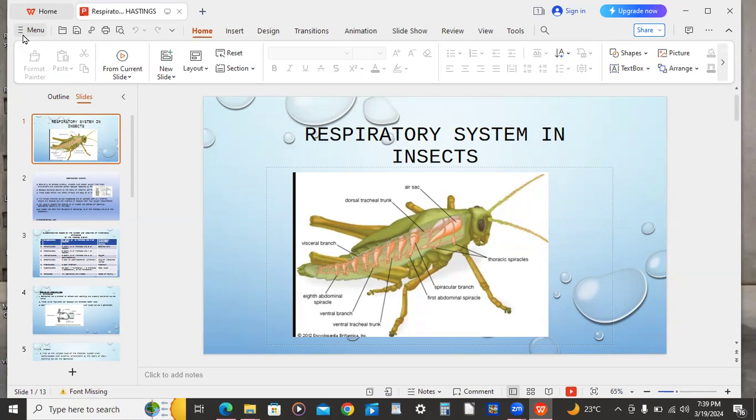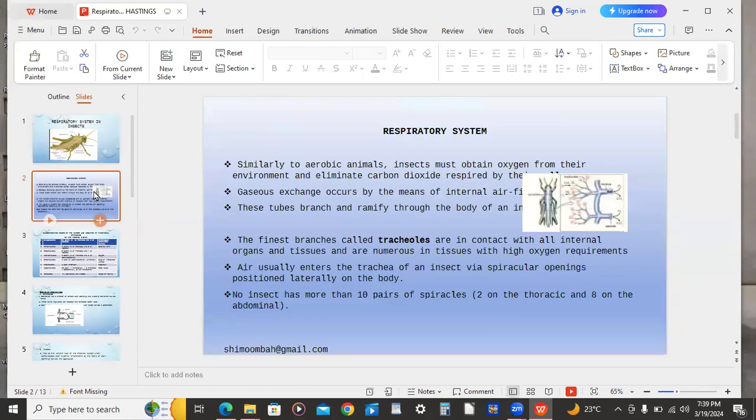So as you can see, this is the diagram for an insect. This is the grasshopper. You can see this is the head, this is the thorax, and this is the abdomen of an insect. So now, without wasting much of our time, let me look at the respiratory system in insects.